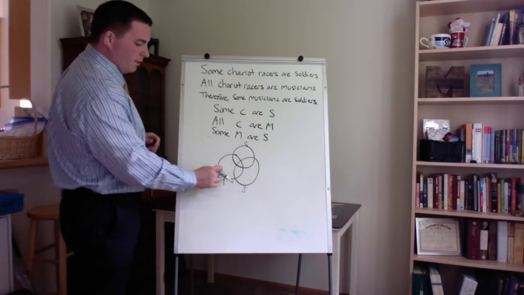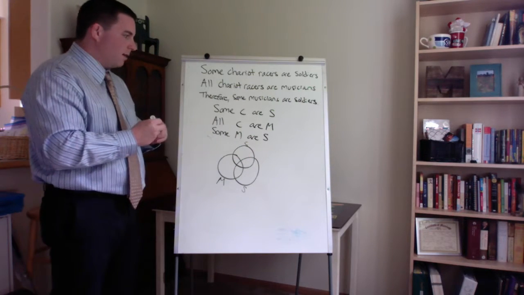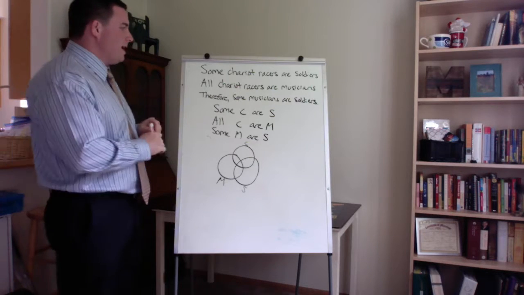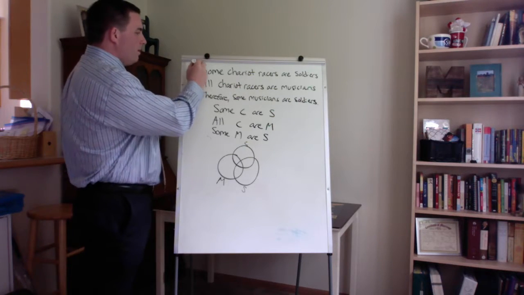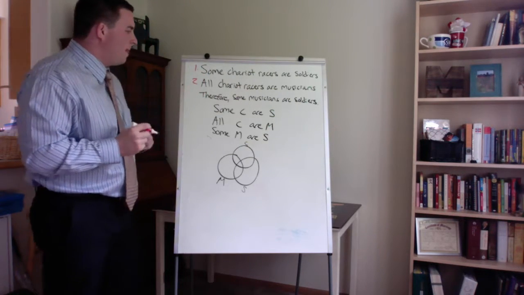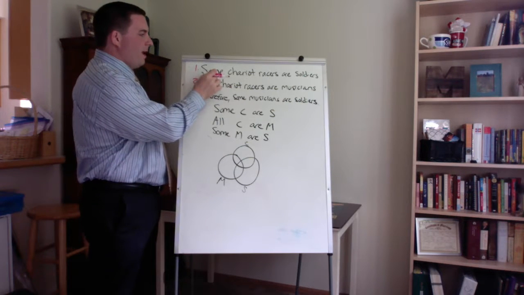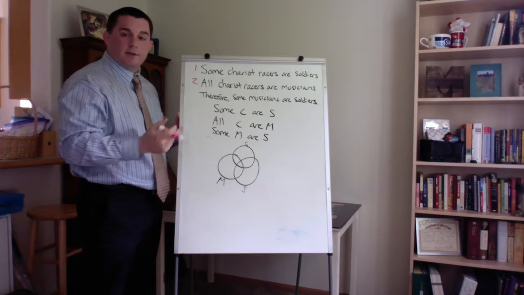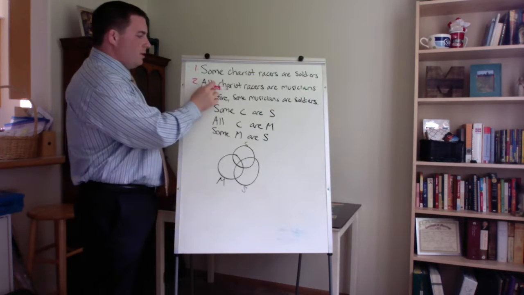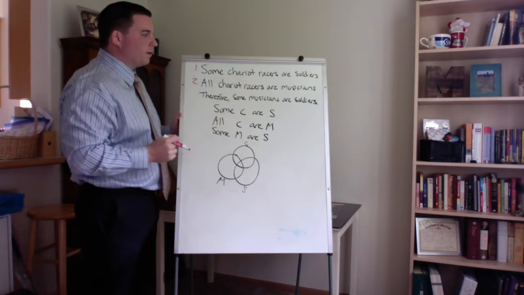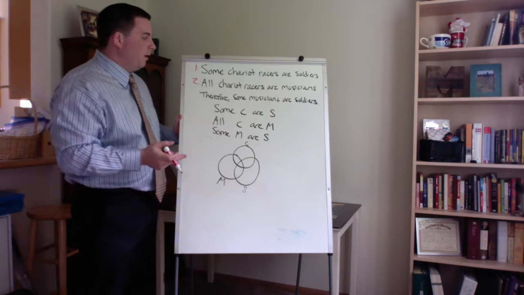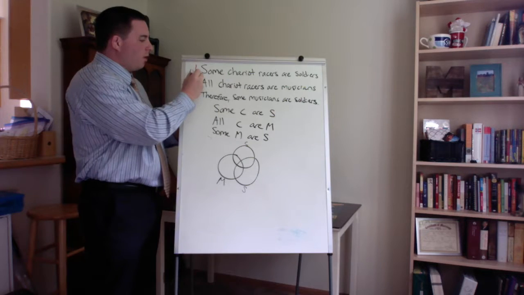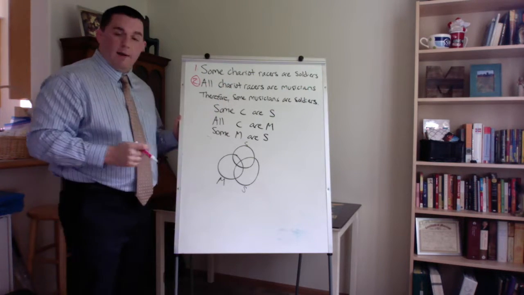So we have our M circle, S circle, and our C circle. As we're shading these in, we look at premise 1 and premise 2, and we notice we have a particular statement, some chariot racers are soldiers, not all, and we have all chariot racers are musicians. So a particular and a universal, so we want to start with premise 2.